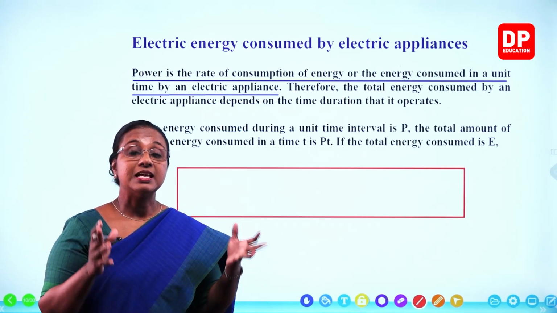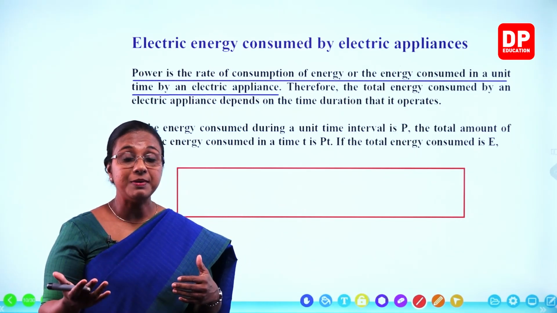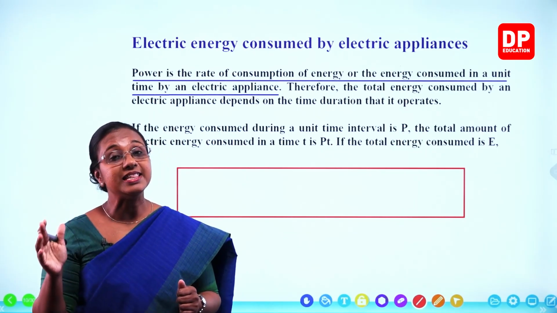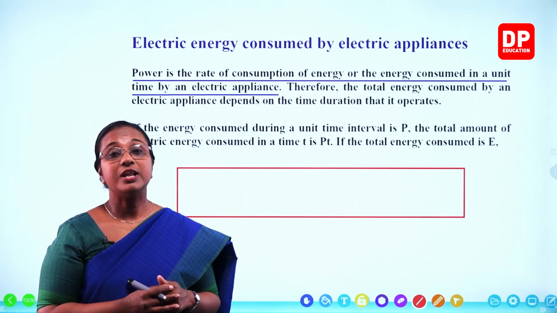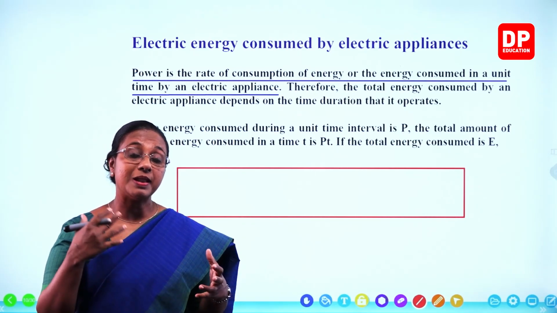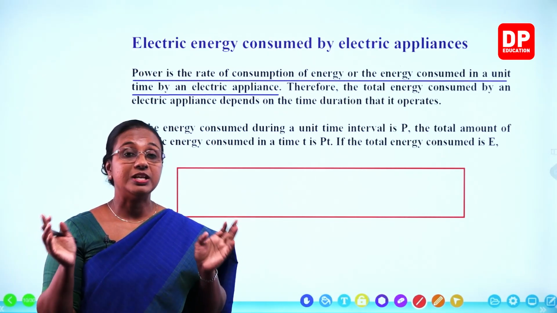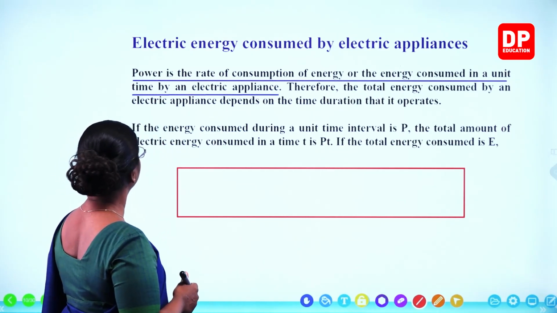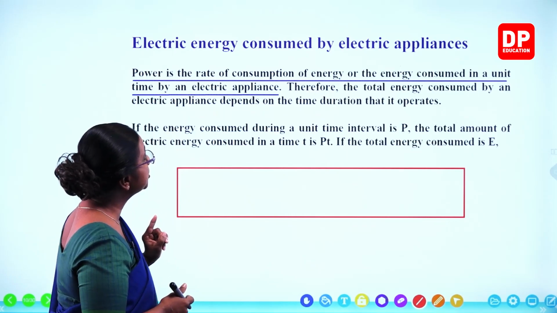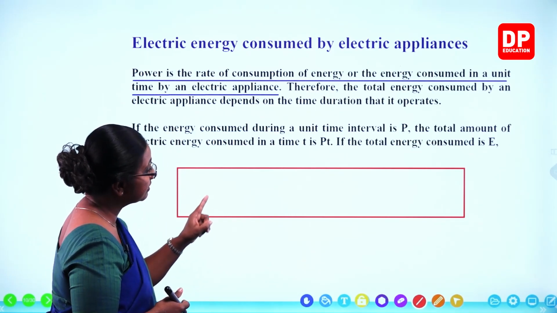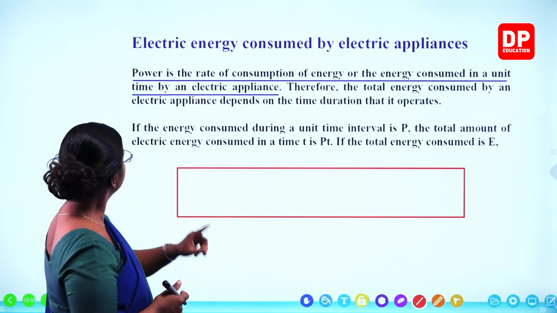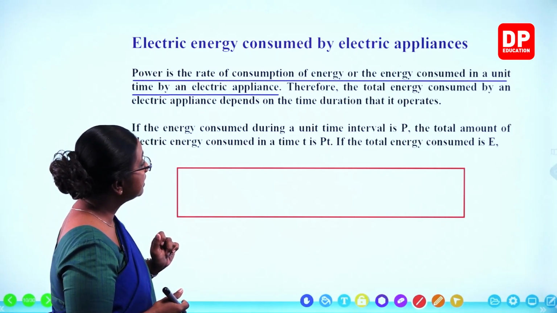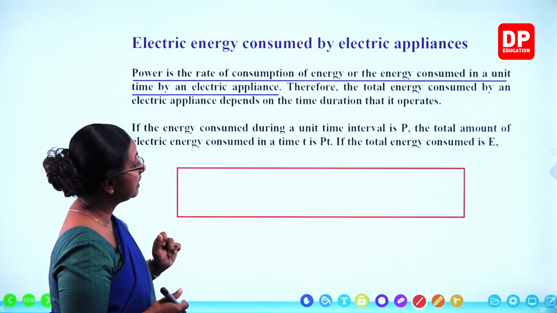So that means the energy consumed depends on the power of the electric appliance and the time duration for which it is used. So it depends on power and time. Therefore, if the energy consumed during a unit time interval is P, the total amount of electric energy consumed in a time T is given by PT.